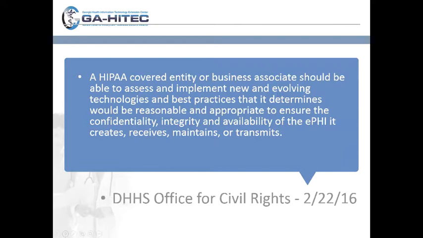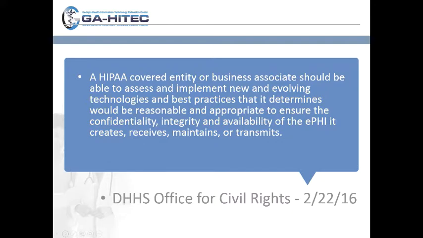Basically, what they say is that you, as a covered entity or business associate, should be able to implement whatever technologies and best practices are best for you. So in other words, it's put back on you to make the judgment. But they qualify it by saying it has to be reasonable and appropriate.